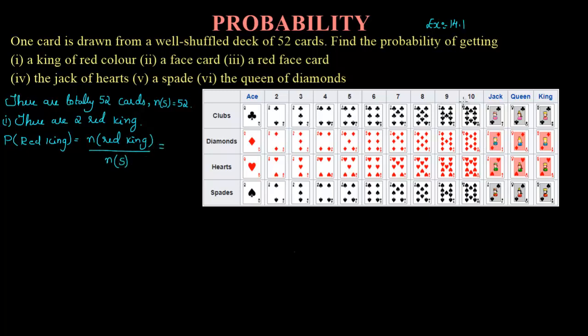So you can observe there are only 2 red color kings, so it is nothing but 2 by 52. So 2 ones are 2, 2 twos are 4, 2 twenty-sixes are 52. So 1 by 26 is the answer that you have got for getting the red color king.